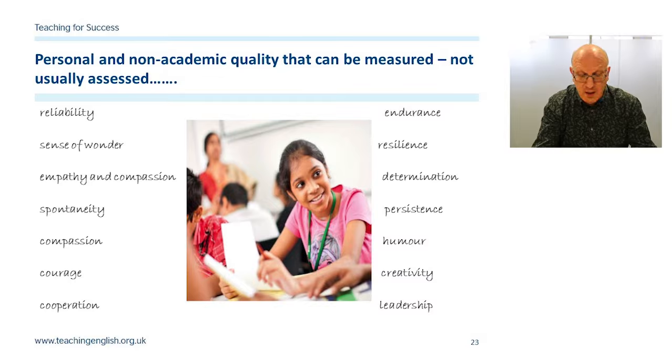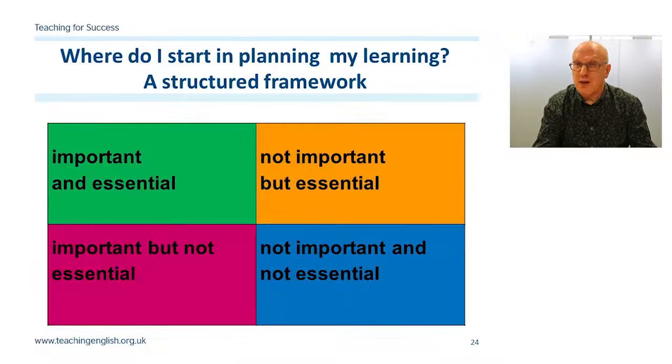The next one, for a lot of learners, if you ask them to plan their own lessons, they say, well, where do we start? There might be ways we can help and structure that. Here's a little schema that might help, which puts it into four little boxes. This is often used outside of school in business, but I think it can be used in schools as well.